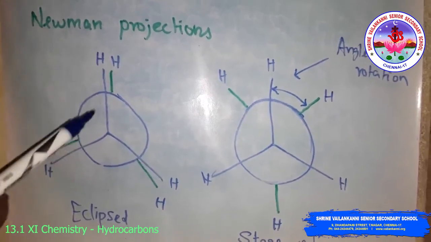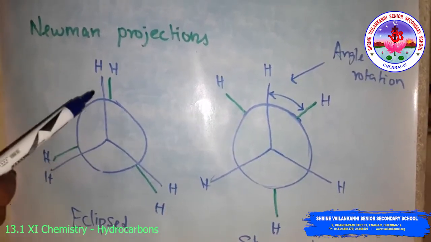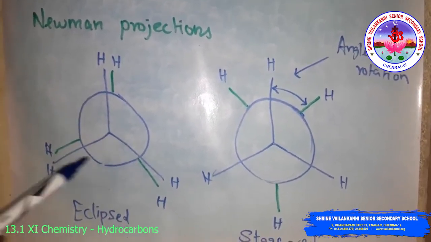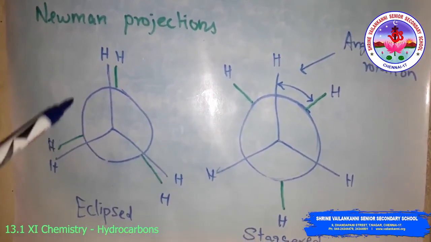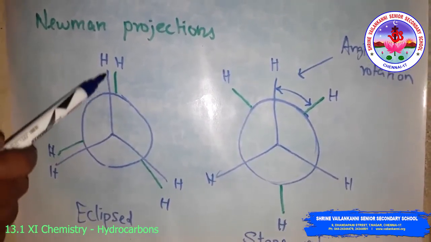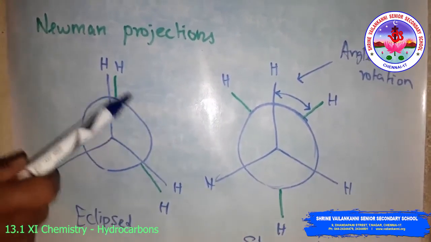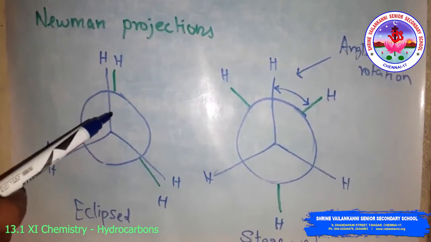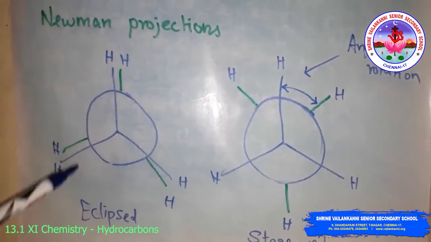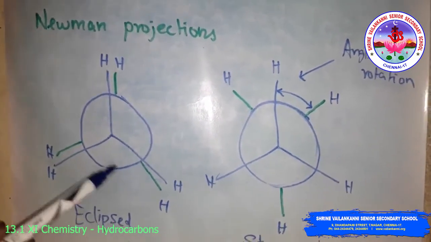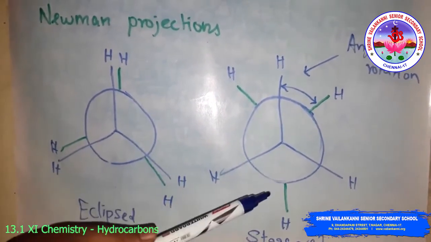The rear carbon atom is represented by this circle, and the three hydrogen atoms are attached to the shorter lines. They each have a 120 degree angle. So the Newman projection for ethane is shown in the eclipsed form and the staggered form.